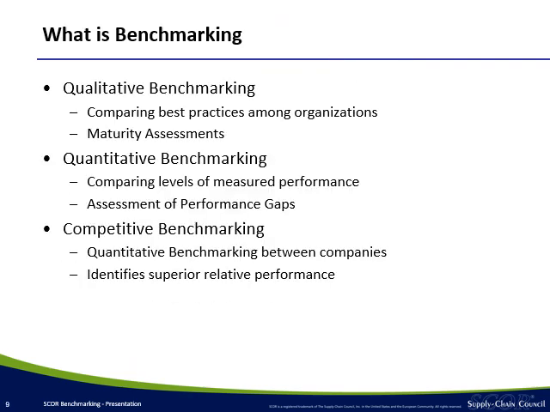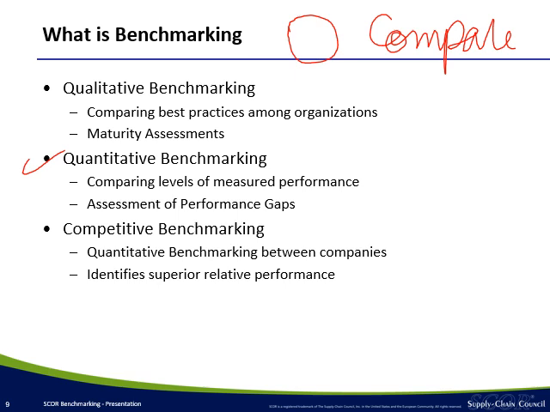So back to the definition of benchmarking. What's meant by benchmarking? Benchmarking means we need to measure our performance and then we need to compare it to others. That's why we have two types of benchmarking. The obvious one is the quantitative one. Let's measure our performance in the delivery.